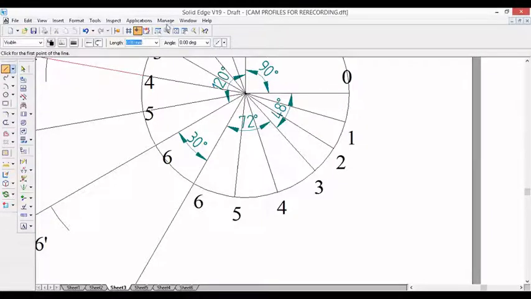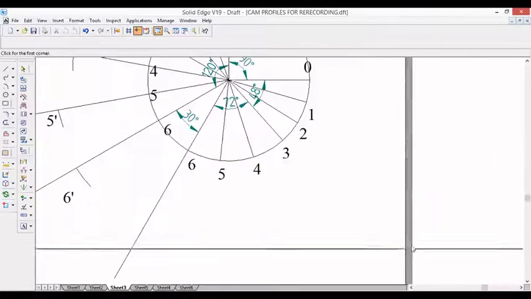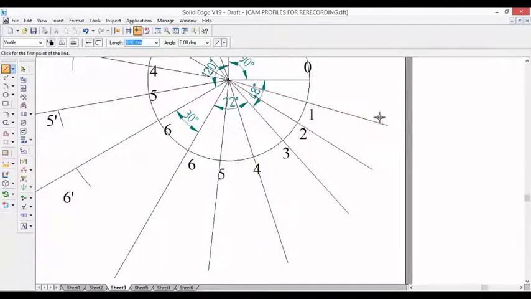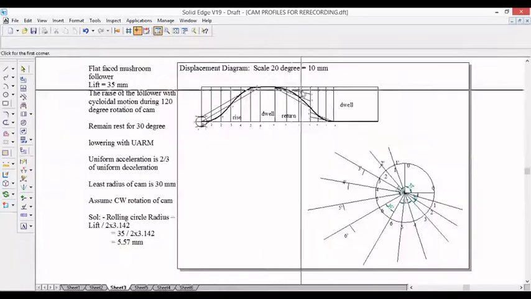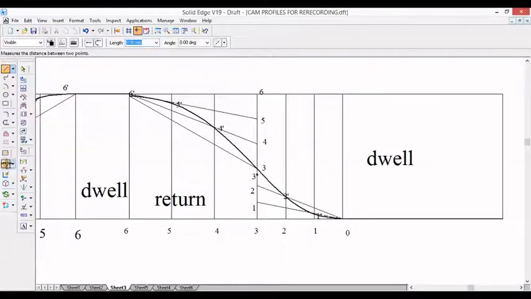Here also we produce these lines. Produce this line to get the cam profile. Now take compass, measure distance from 6 to 6 dash, which will be 35, then 5 to 5 dash.